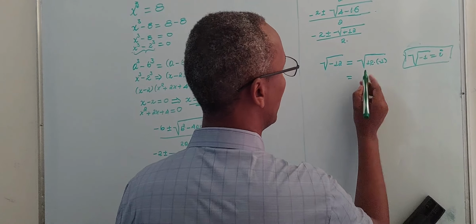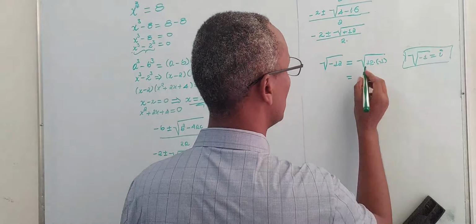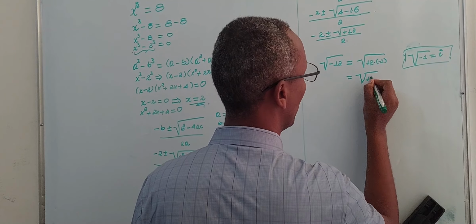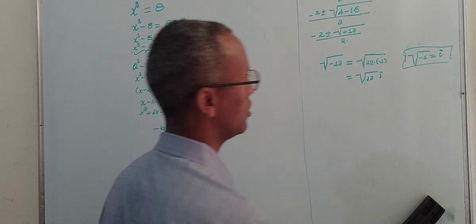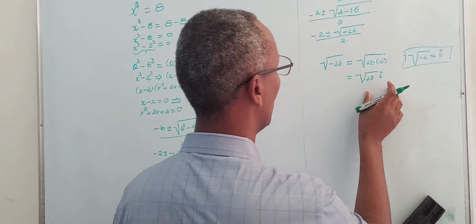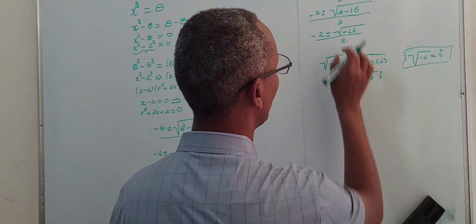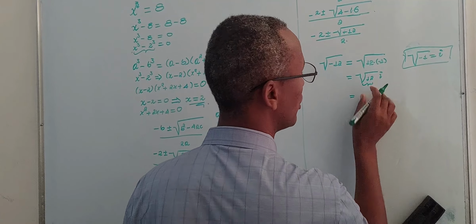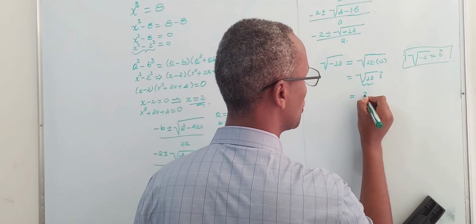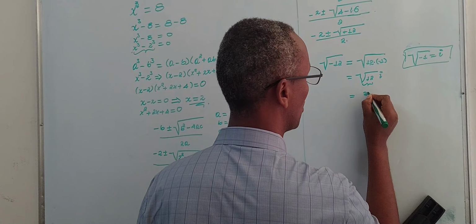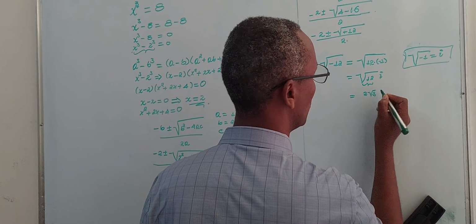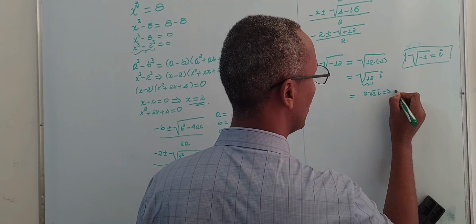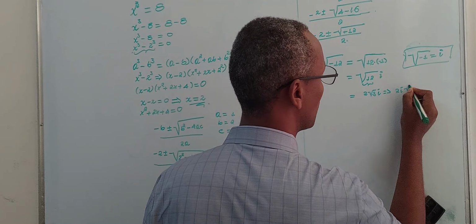Now when you write this, you will find the square root of 12 times i. You can plug this over here. So this is equal to 12, which means 2 to the power 2 times the square root of 3, so 2 square root of 3 i. When you write this, you will get 2i square root of 3.